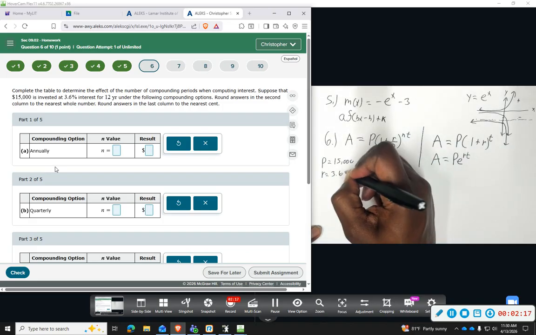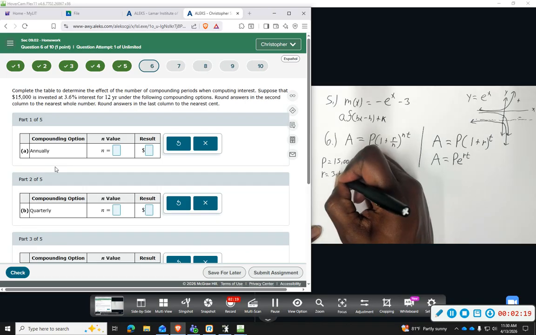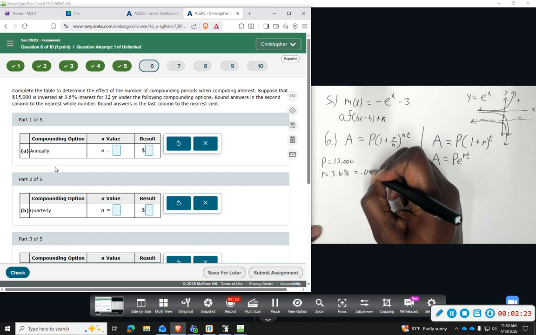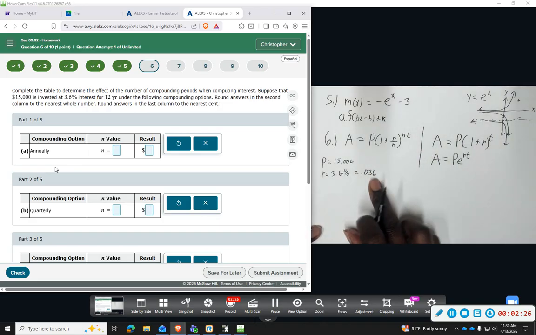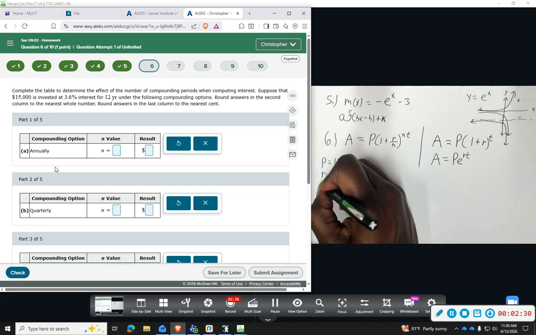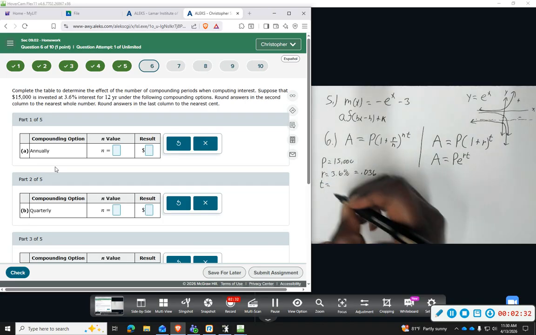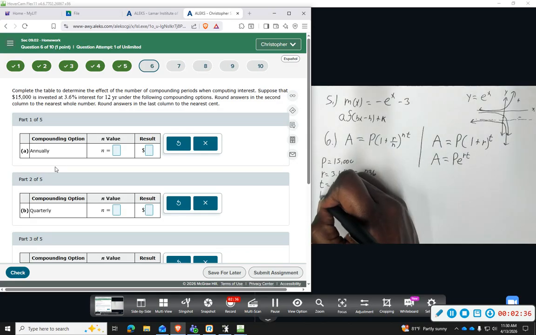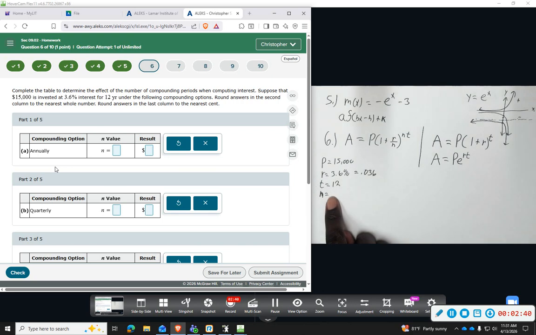Now we're going to convert this to a decimal because we don't use percentages, so I'm going to move 2 times to the left, so we're going to be using 0.036 as our interest rate, and then time T is 12 years, so we're going to put a 12. Now we don't have N. N is going to change from problem to problem or part to part. So first we're doing annual.